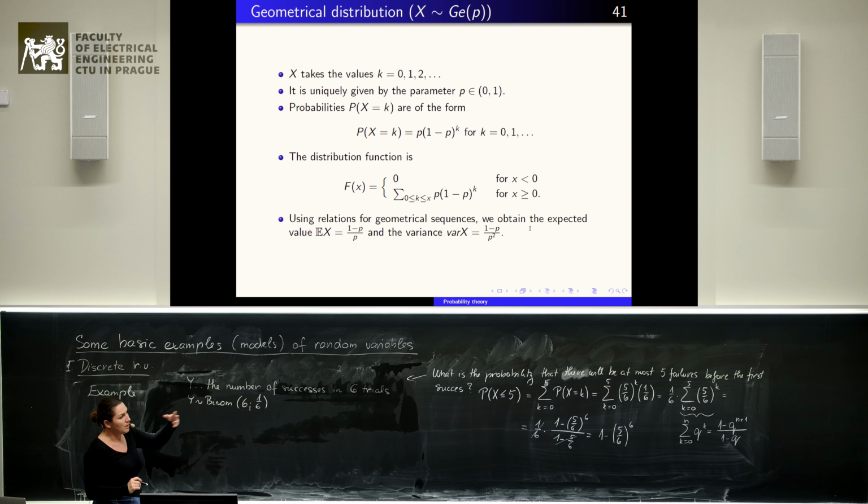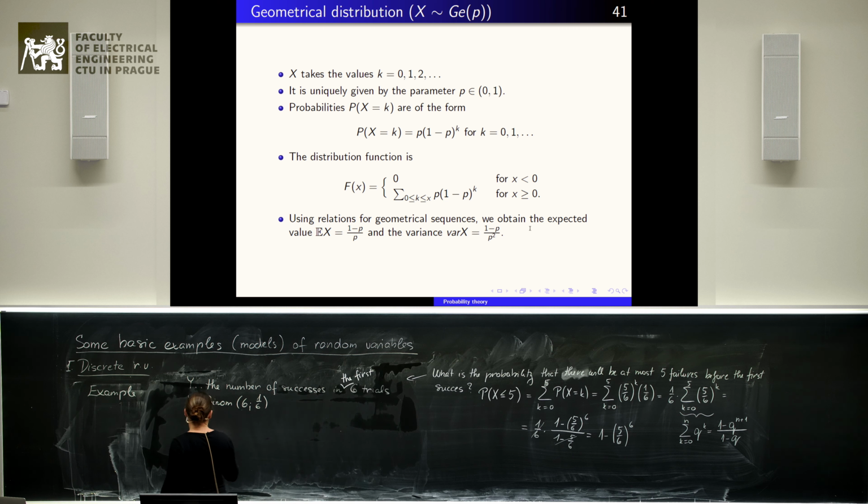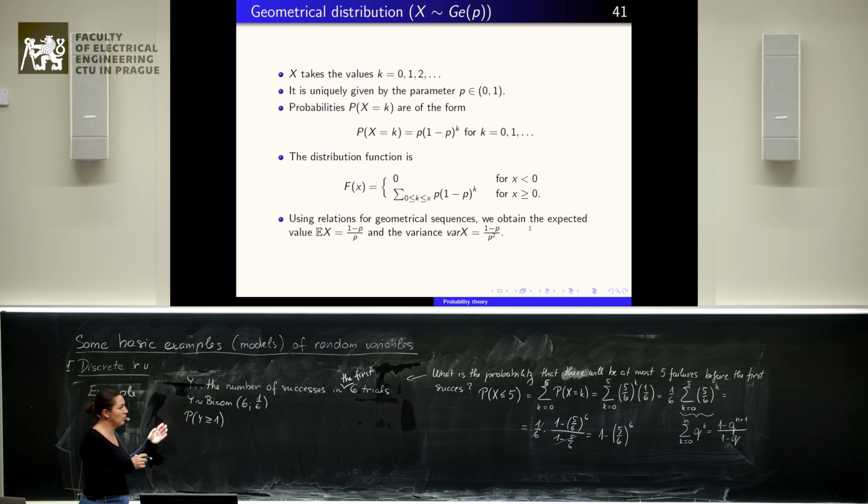And at most 5 failures before the first success means that in the first 6 trials there must be at least 1 success. Because if the success is in the first trial, it is okay. If the success is in the 2nd and in the 5th trial, it is okay. So we don't care about the position of successes.